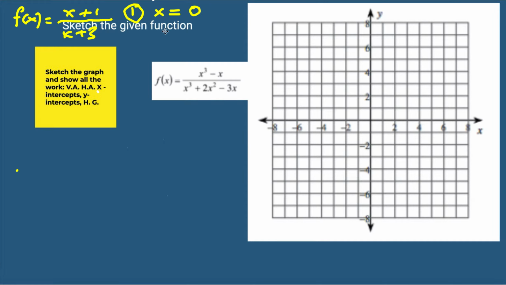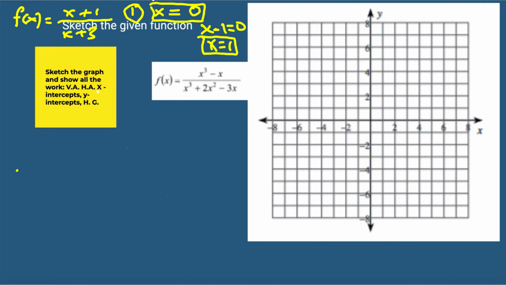Here is a hole in the graph. And the other one, we simplified x minus 1, so x minus 1 equals 0, and x is equal to 1. So those two are the holes in the graph: x equals 1 and x equals 0.